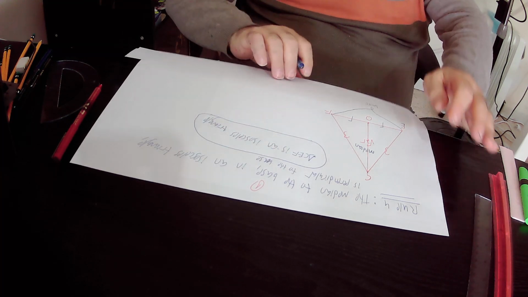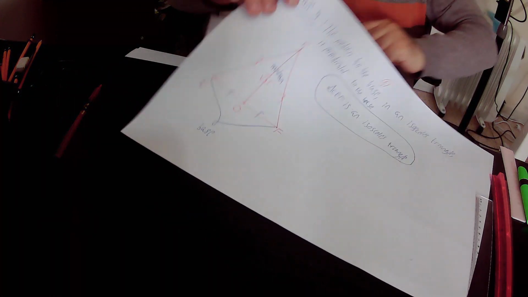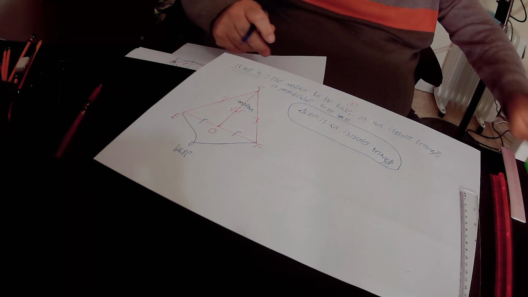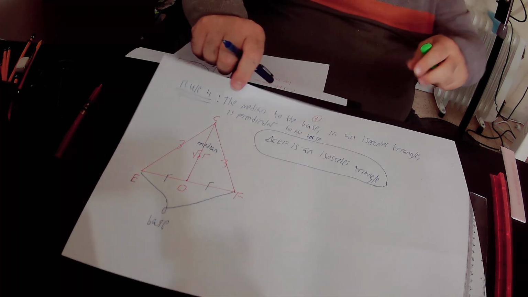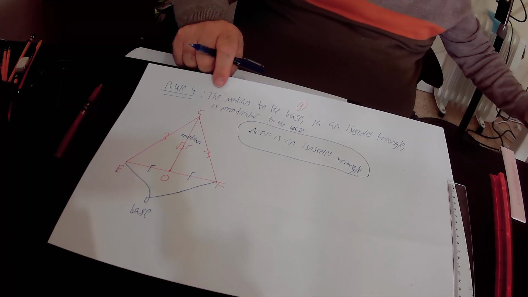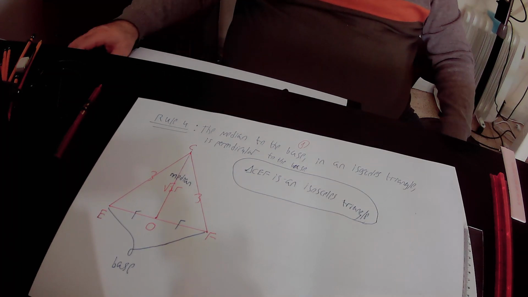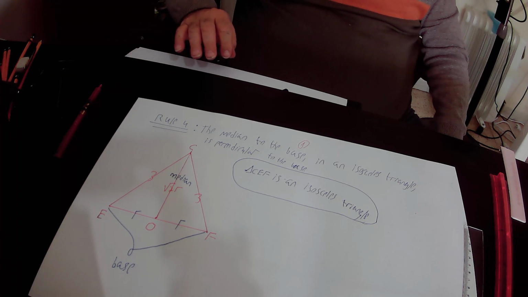I will read rule number 4 again. The median to the base in an isosceles triangle is perpendicular to the base.